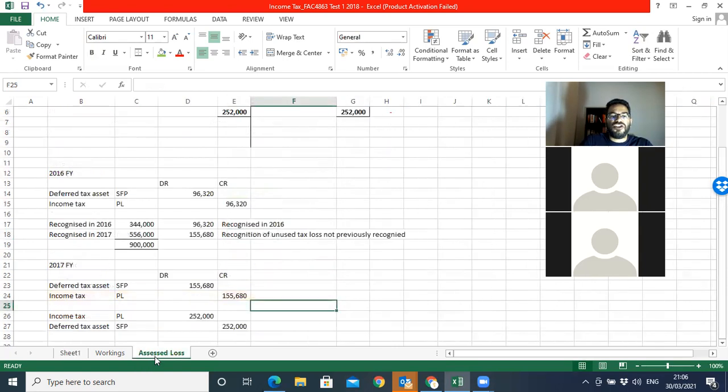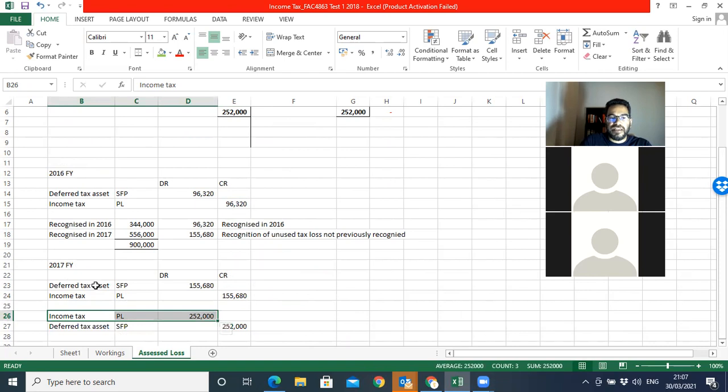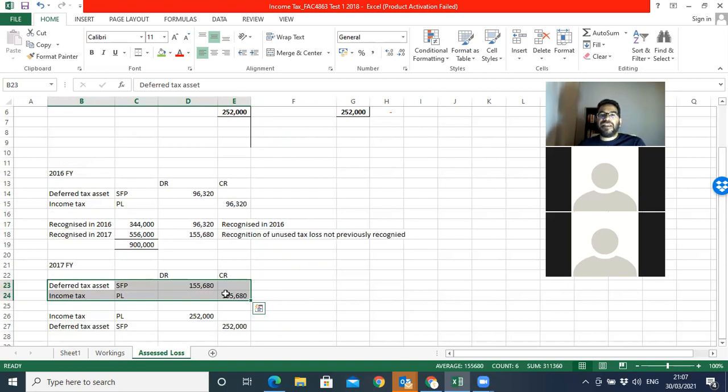If you look at this journal entry, it is purely based on income tax and deferred tax. It does not hit a line item that impacts profit before tax. Because this journal entry is going directly to income tax, it is not going through income and expenses.